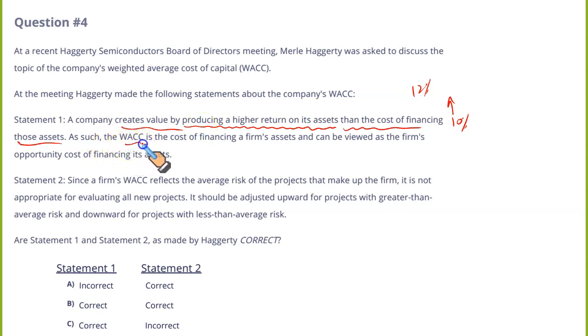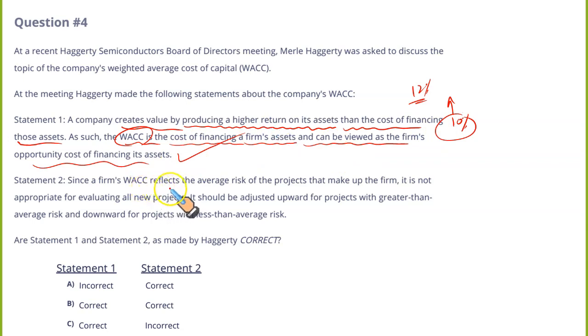As such, the weighted average cost of capital is the cost of financing a firm's assets and can be viewed as the firm's opportunity cost of financing its assets. So you need to earn more than WACC, because weighted average cost of capital is the average cost of various sources of finance. In order to create value, products should earn a return more than your WACC. It's a correct statement.